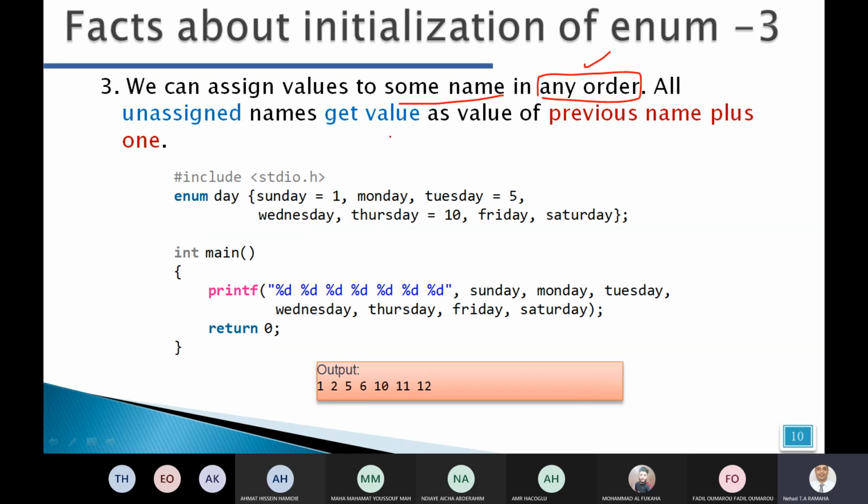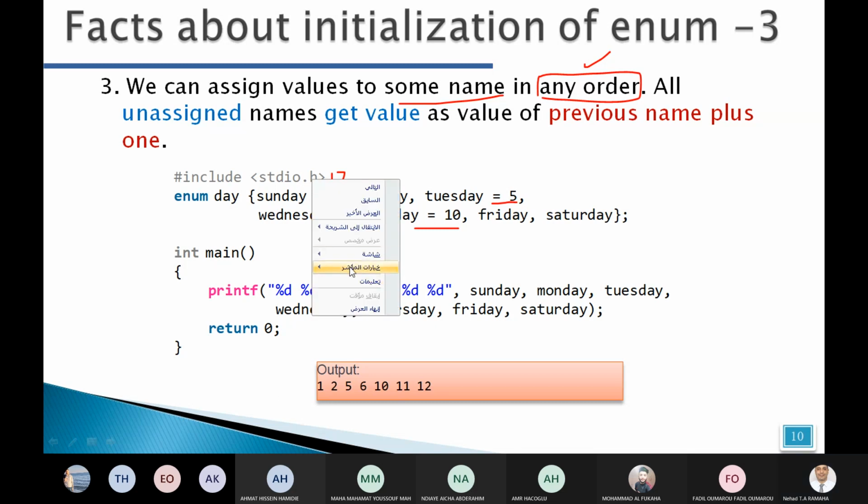Okay. So I can give Sunday equal 2, Tuesday equal 5, Thursday equal 10. Even I can give Sunday equal, for example, not 1, equal 12. It's not necessary to be less than the next one.